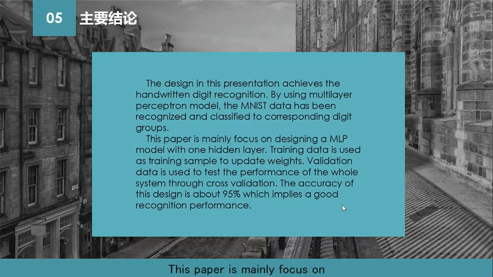This paper is also mainly focused on designing an MLP model with one hidden layer. Training data is used as training samples to update weights. Validation data is used to test the performance of the whole system through cross-validation. The accuracy of this design is about 95%, which implies good recognition performance.